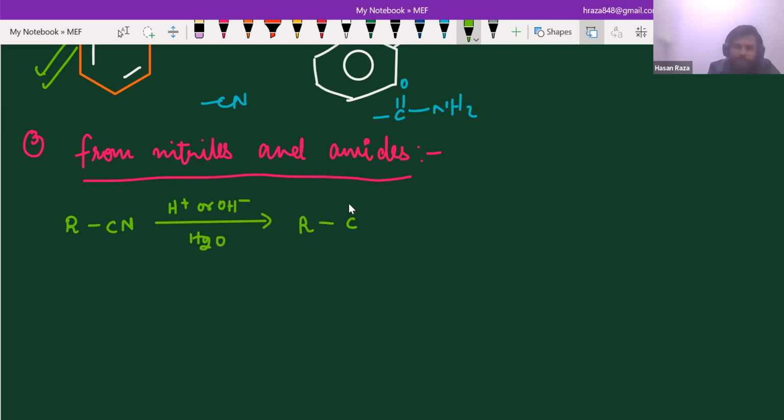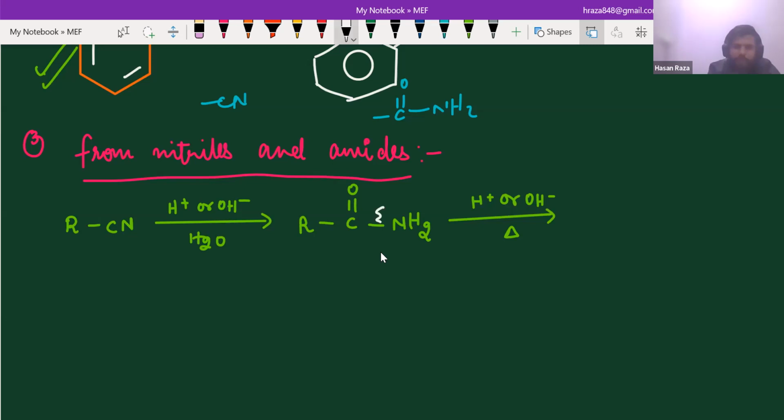After getting the amide, you again react it with either acid, H plus, or base, OH minus, and give heat. What happens here? It's very easy to understand that this bond will be broken. This will have a negative sign and this will have positive.